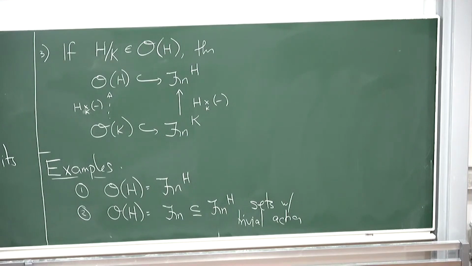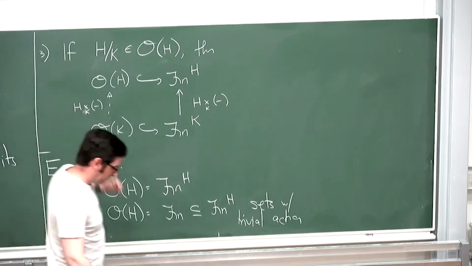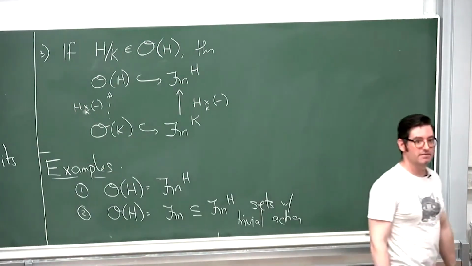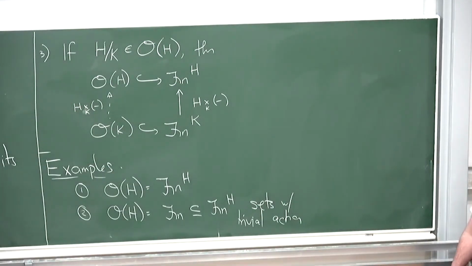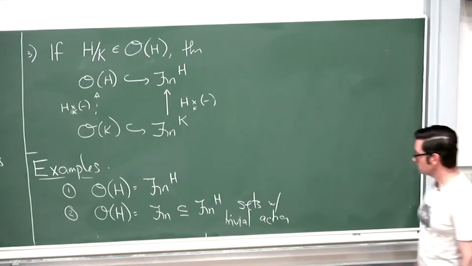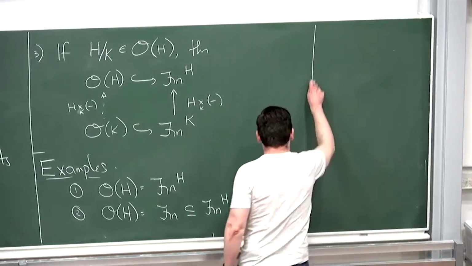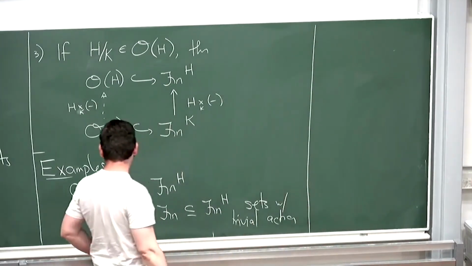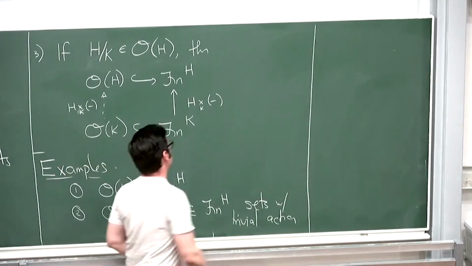I don't magically endow it with something. And then this condition is vacuous. The only time I have H mod K having a trivial action is if H equals K. And the induction from H to itself is the identity. So that actually works pretty well for most things. So that works.